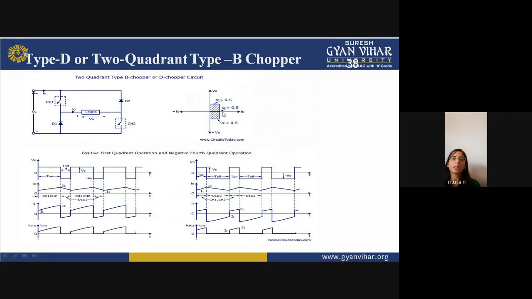When your duty cycle is less than 0.5 or half, then this circuit will operate in this quadrant in which your voltage is negative but your current is in positive direction. So it is operating in both the quadrants. That's why this is called your two quadrant type of chopper.